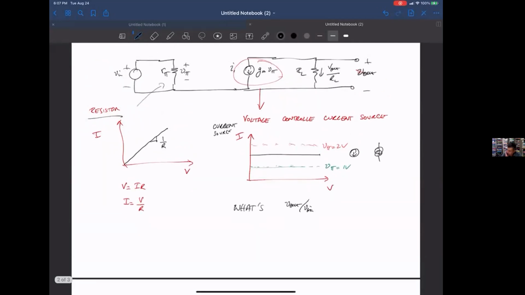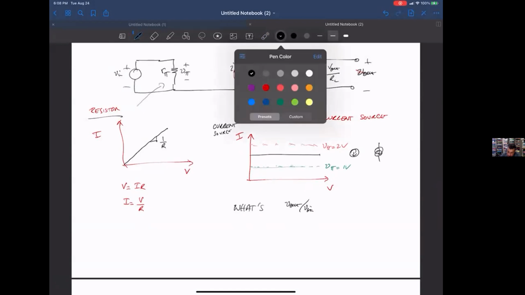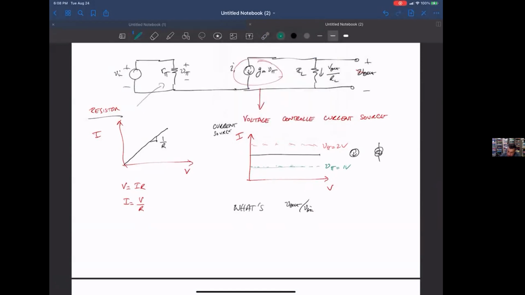So the first thing to notice is Kirchhoff's current law. Kirchhoff's current law basically says that the sum total of currents going in or out of a node has to be 0. If you look at this node V out, there's a current I1 going this way, and there's a current going this way.